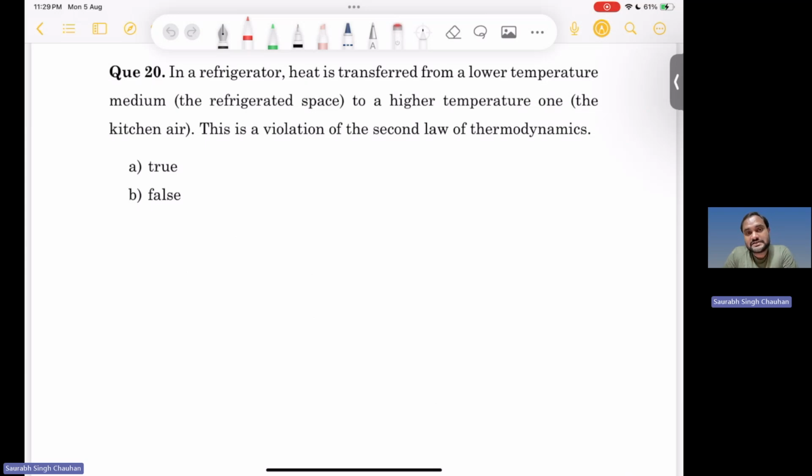And if you imagine a device which violates the second law of thermodynamics, you call it a perpetual motion machine of the second kind. But in reality, perpetual machines do not exist. So the laws are always satisfied. That's why they are called laws. So this is false.